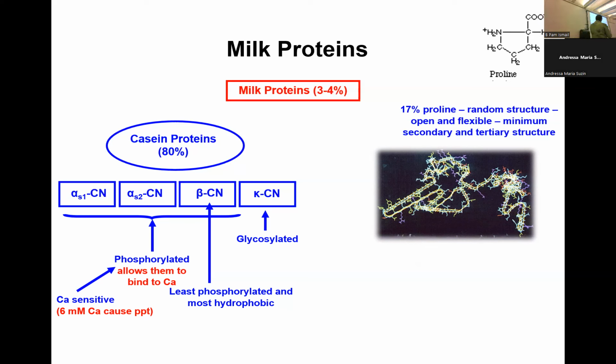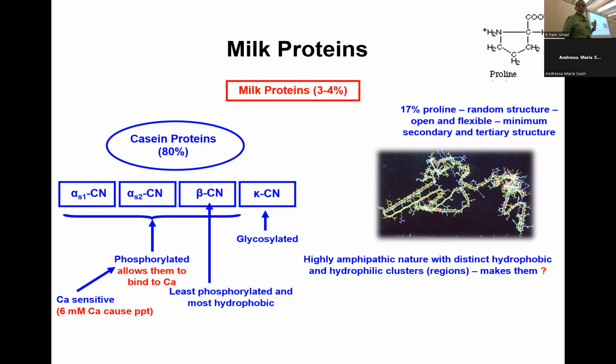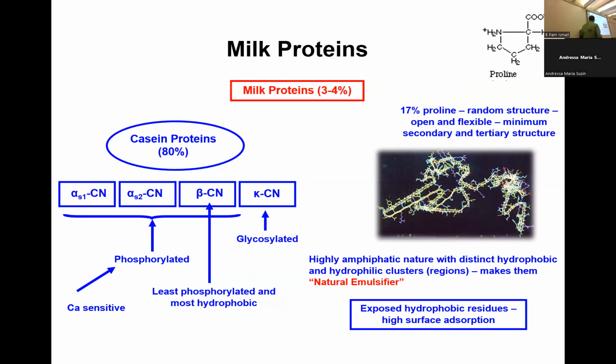So we have mostly random coil, open structure, which makes the protein very amphipathic. That means it has distinct surface hydrophobicity and hydrophilicity clusters, making them what? Natural emulsifiers. So very surface active.